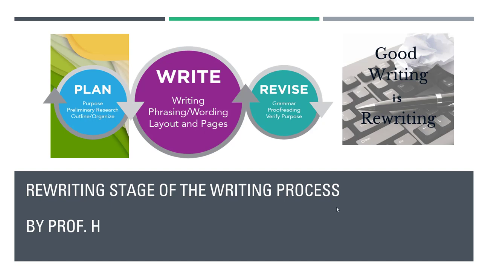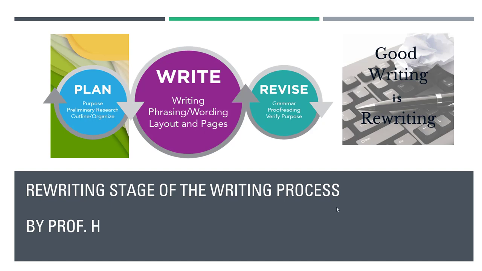mistakes, or APA mistakes. And so this video is going to cover the last stage of the writing process, the rewriting stage. And the rewriting stage has sub-stages where you have revision, proofreading, and editing. And so when you do the revision stage, that's where you're revising for essay structure.